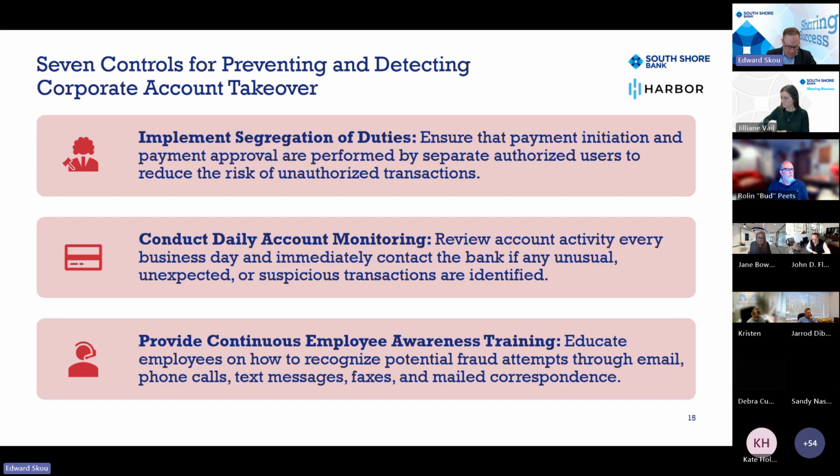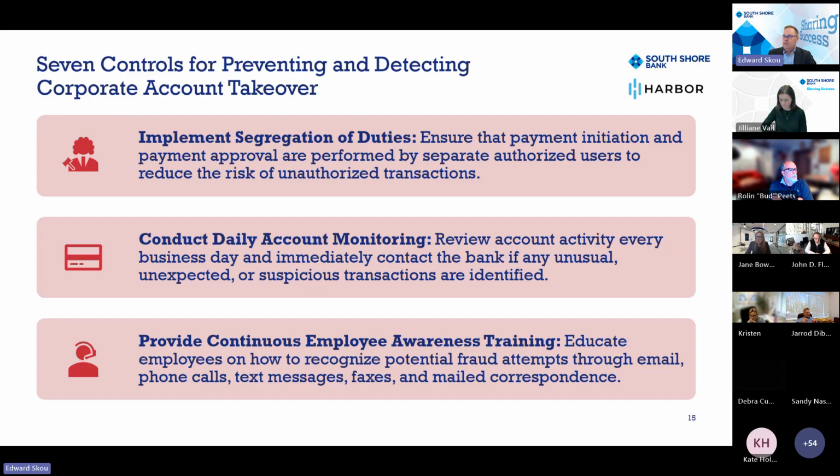The first one that we always talk about is segregating duties at your company, also known as dual control for payments. Dual control is a very strong internal control. It helps with internal fraud when there are two people reviewing a payment before it goes out. But it can also stop fraudulent payments if your credentials are compromised, because it requires one user to initiate a payment and another user to approve it.